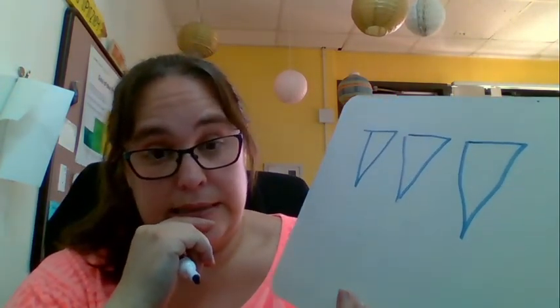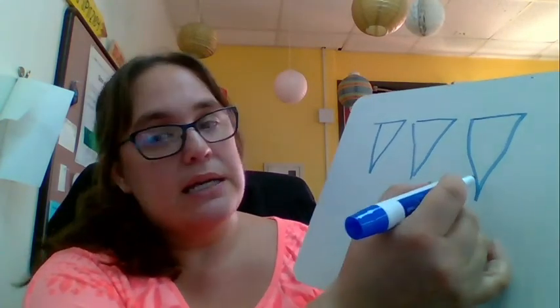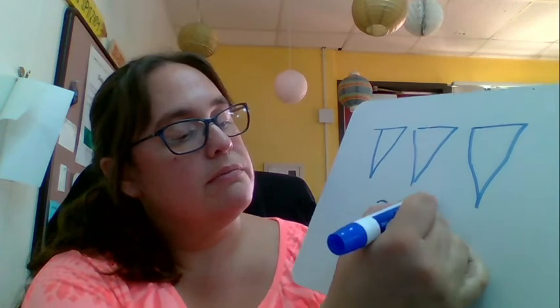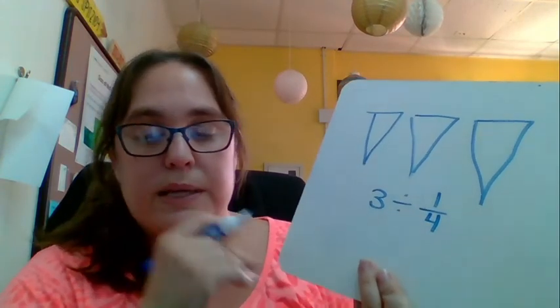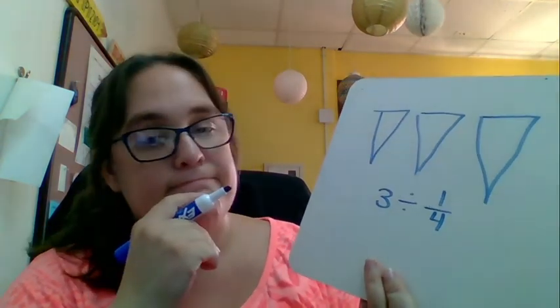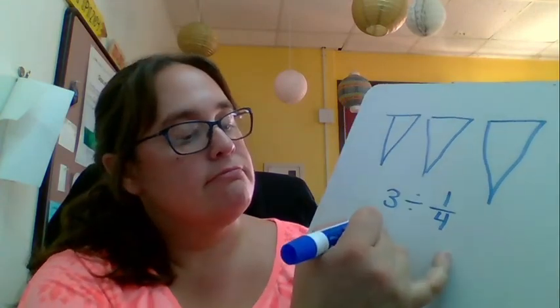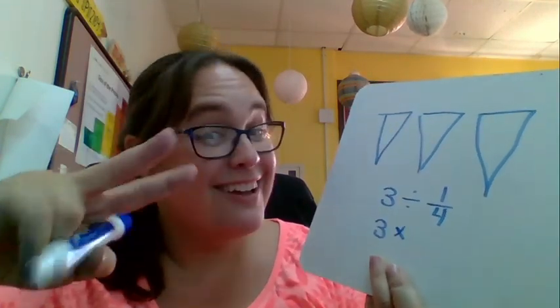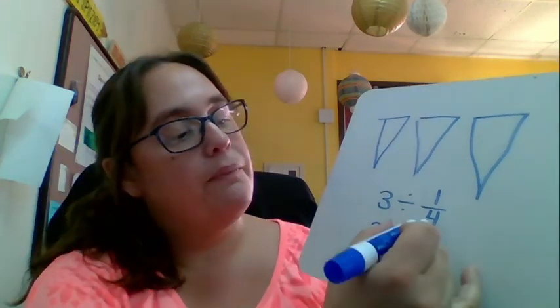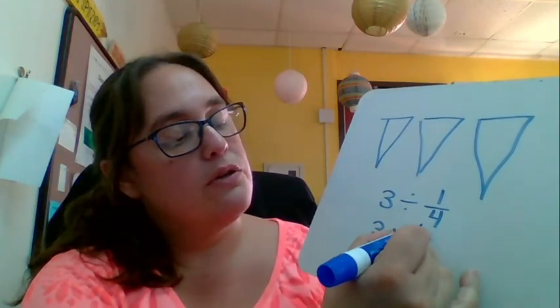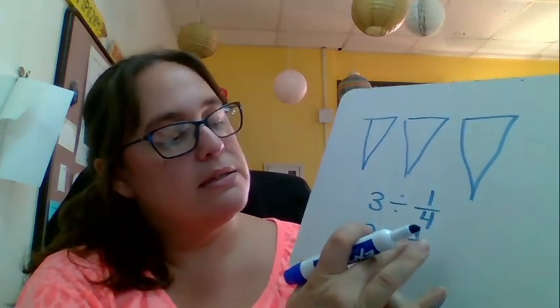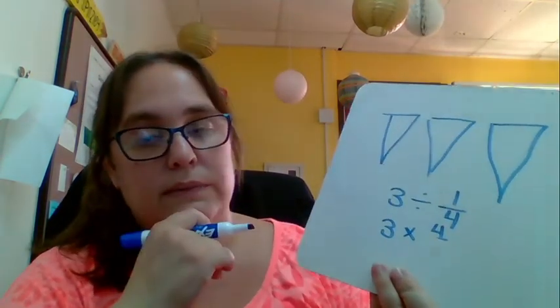So I'm taking these 3 pieces, and I'm dividing them into 1/4 pieces. Keep, multiply by the reciprocal, which is the same as 4/1, which is the same as 4.